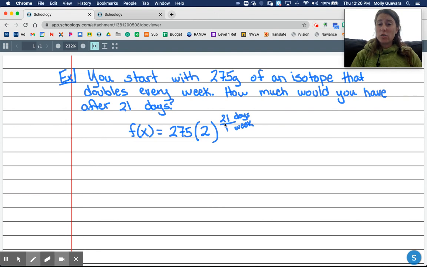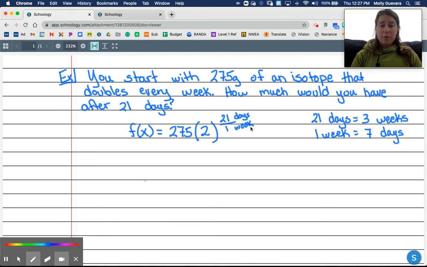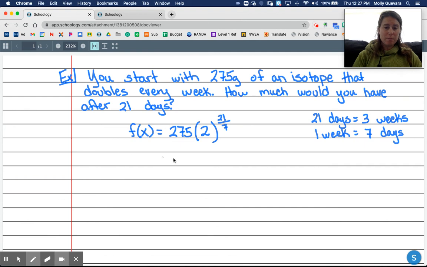So I either need to change 21 days to 3 weeks, I could do that, or I need to change 1 week to 7 days. And it doesn't matter which one you do. You'll get the same answer either way. But you can't have one be in days and one be in weeks. So I'm going to go ahead and change this to 21 days over 7 days.